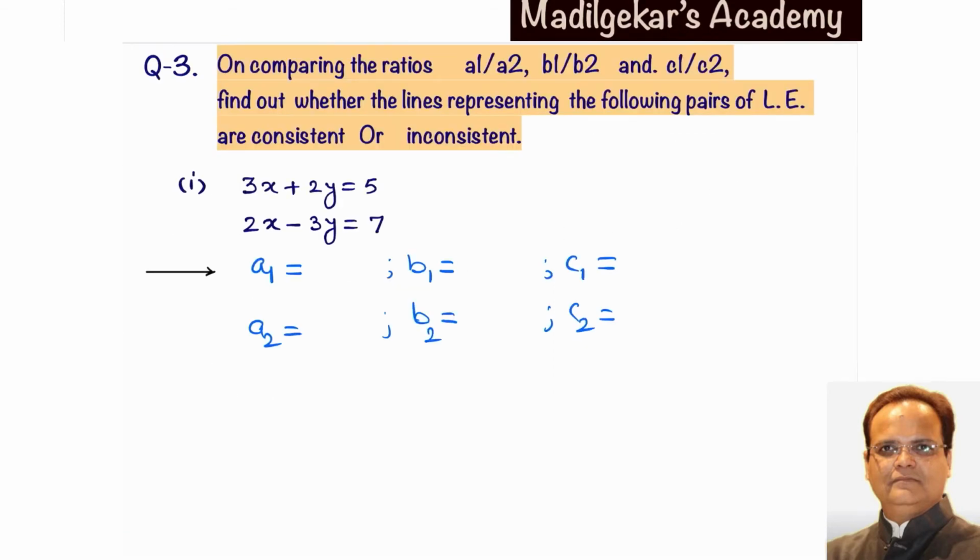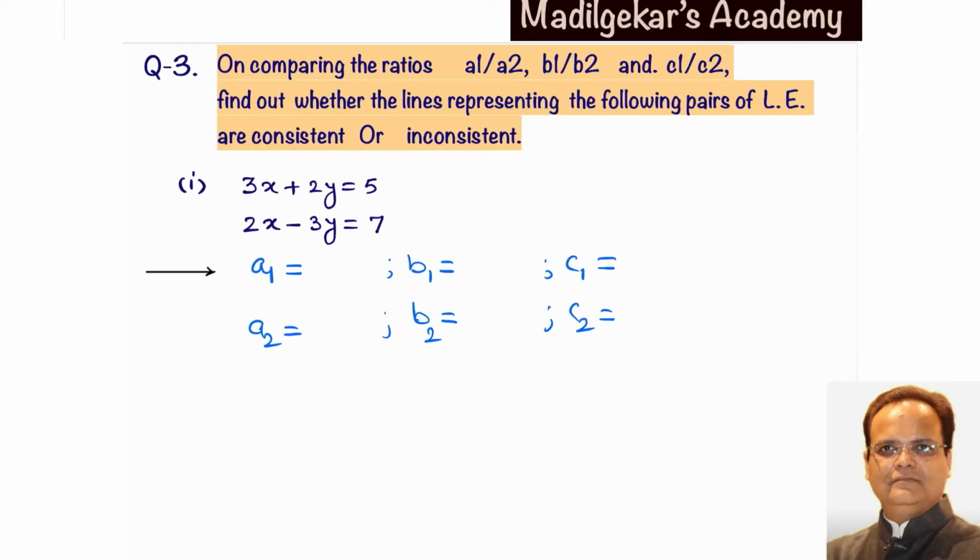Question number 3. On comparing the ratios A1 upon A2, B1 upon B2 and C1 upon C2, find out whether the lines representing the following pairs of linear equations are consistent or inconsistent. First bit, 3x plus 2y equals to 5, 2x minus 3y equals to 7.